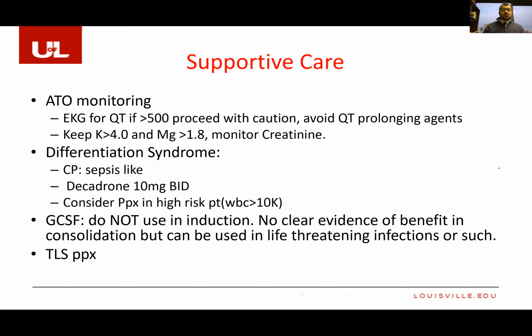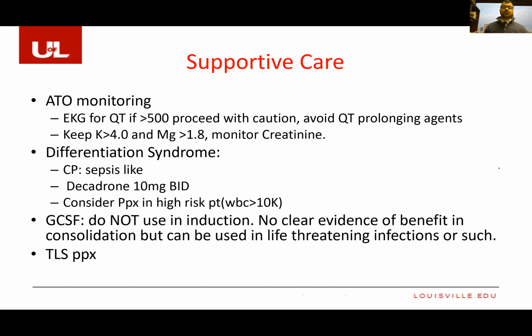So the cells, once they differentiate, can cause a syndrome called differentiation syndrome. They start releasing cytokines. So it's a cytokine storm that looks like sepsis. They can develop fevers, shortness of breath, blood pressure can drop, and they have some sort of capillary leak syndrome. Generally, this can be treated with steroids.